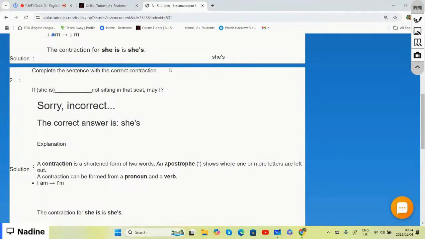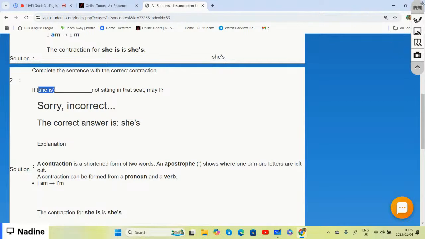All right. So now we need to complete the sentence with the correct contraction. It says, if she is not sitting in that seat, may I? Here we have this word again, she is. How are we going to shorten she is?